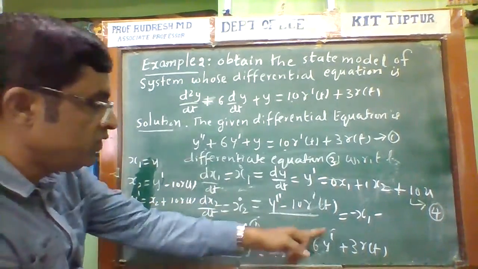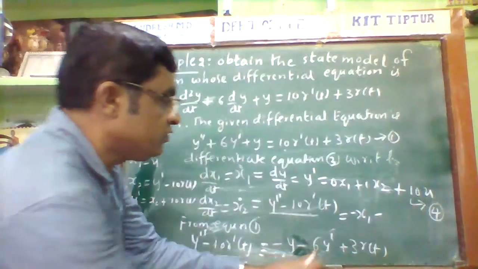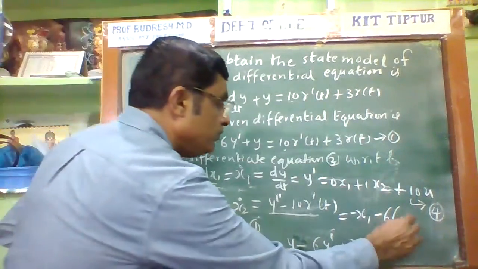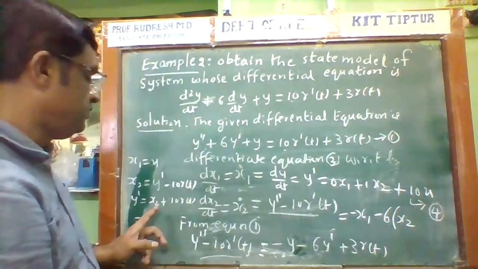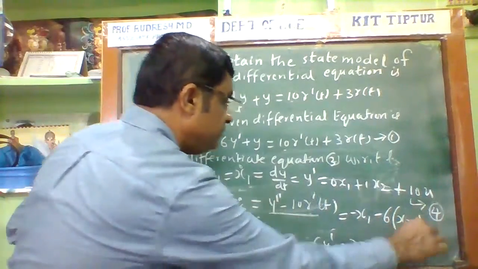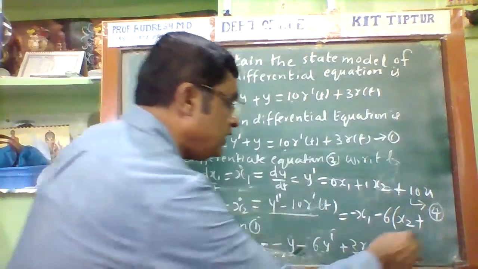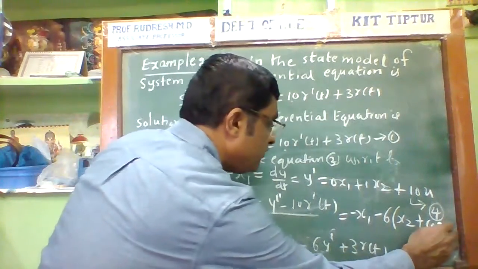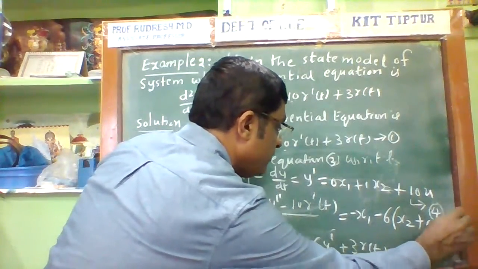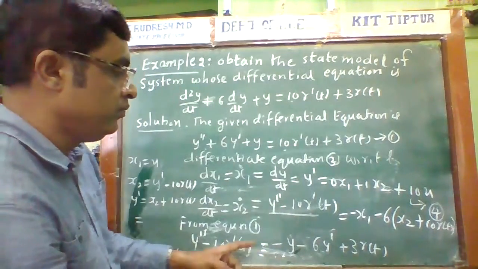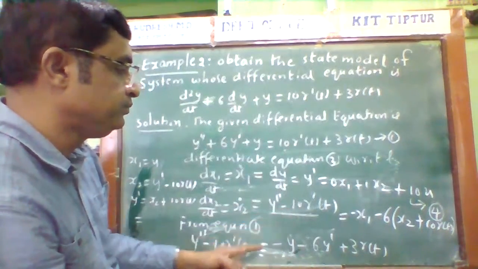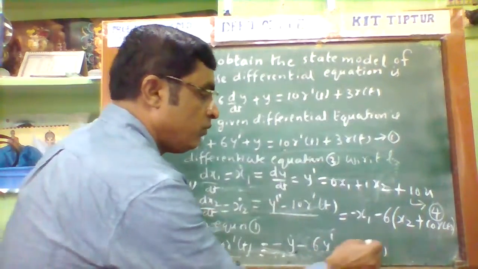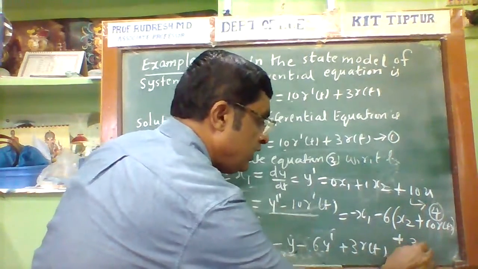Therefore, I need to substitute here again: 6 into x2 plus 10 into r of t, plus 3 into r of t.